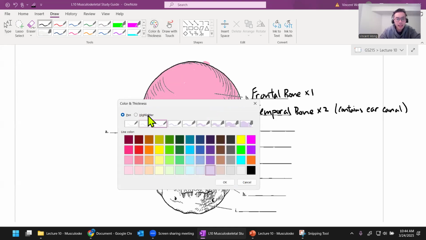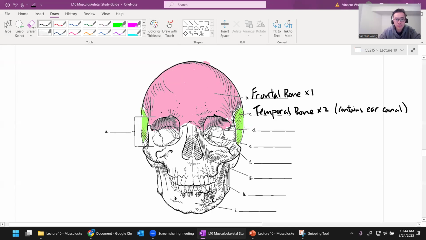Now at the back here, we have that bone right there. Okay. It is a bat-shaped bone, and it goes from one side to the other. You can't really see it clearly from this angle, but that is the sphenoid bone. Okay, just one.